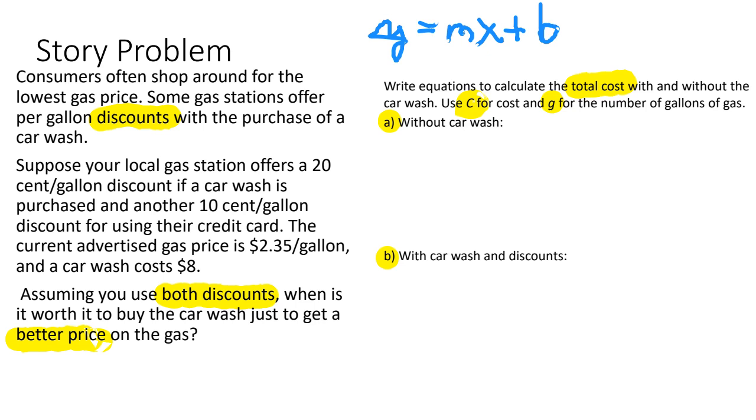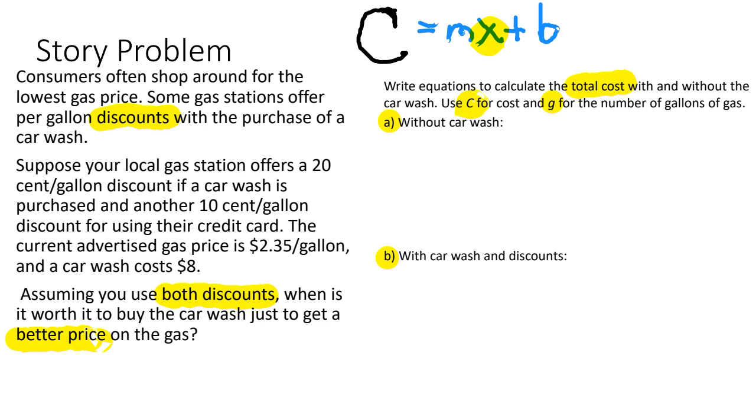This y is going to represent the cost, so we're changing this y to the value of C. And we're talking about the cost per gallon, which means this G is going to replace our x.